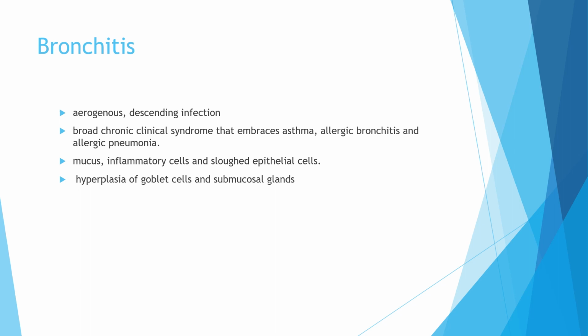And often the type of exudate that you get will be a catarrhal exudate because of the hyperplasia of submucosal glands and goblet cells, resulting in excess production of mucus. And that's when you see that serous catarrhal exudate coming from the nostrils often. There's quite a few etiologies for bronchitis, as you can see on the screen.